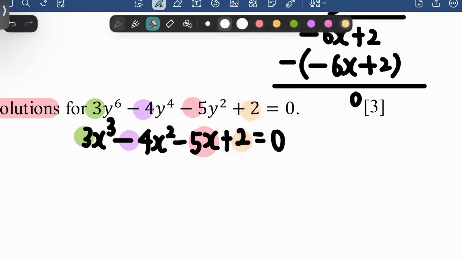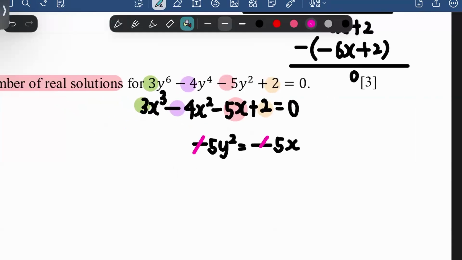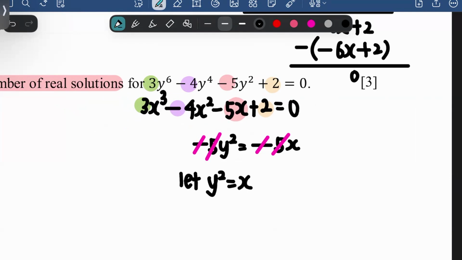Okay, so you can see that minus 5y squared is equal to minus 5x. So when you divide by -5, you will realize that the x can be represented by y squared. So you're going to let y squared equal x, and replace it.